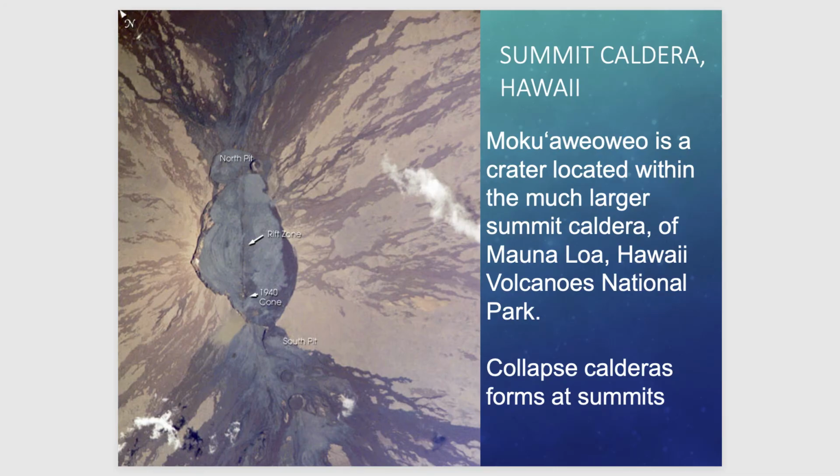Here is an example of the caldera that you find on the summit of the Mauna Loa. You can see clearly the rift zone that essentially goes across the caldera, and this is the main feeder for this lava that is relatively recent. The eruptions in the 80s are marked in black.